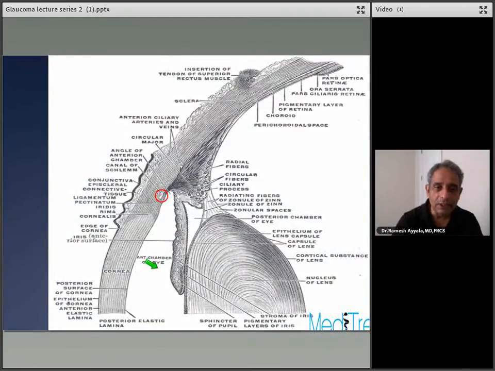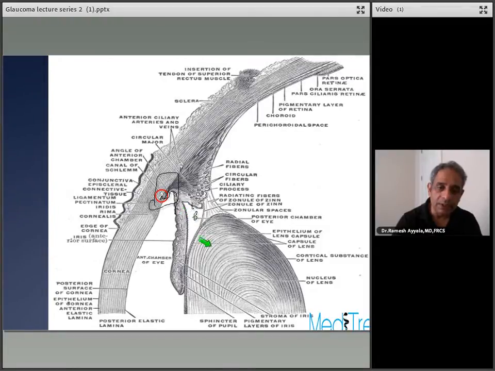Let's look at the Schlemm canal anatomically one more time. Here is the angle. This is a topographic view of how the angle structures are. Here is the iris. The trabecular meshwork is right about there, and you can see the Schlemm canal. And here is where the ciliary processes are located. Here is the posterior chamber.